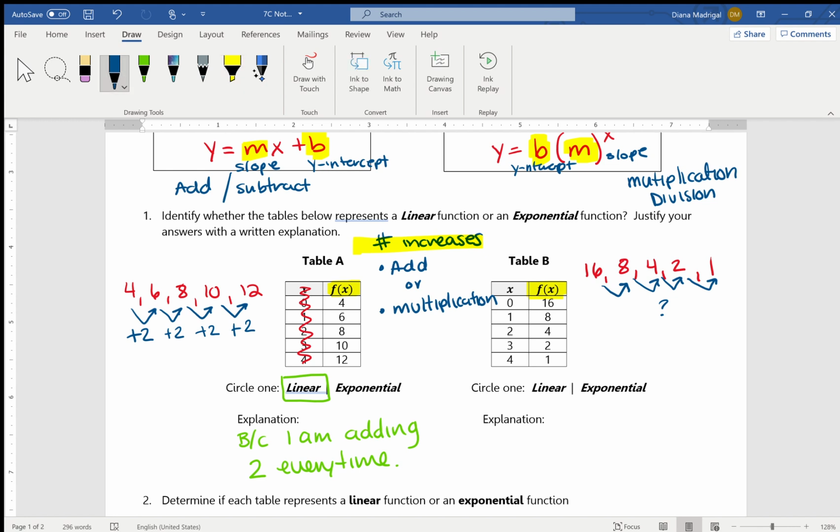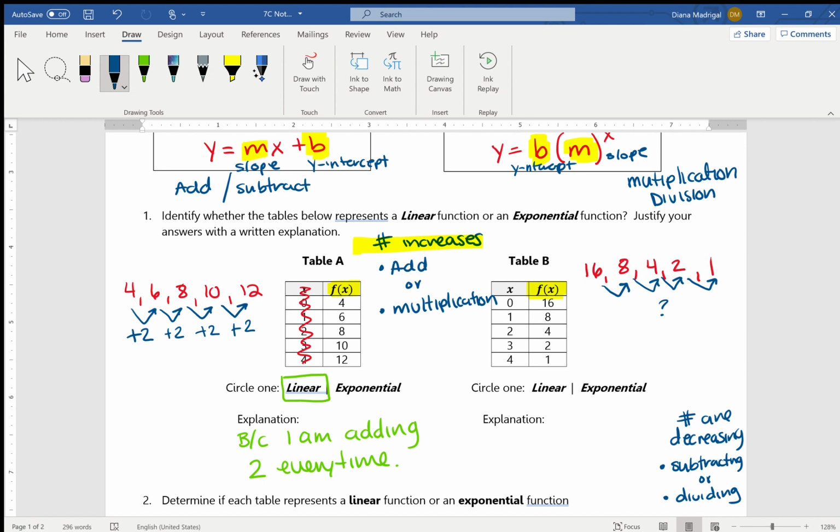But if your numbers are decreasing, which means going down, you are either subtracting or dividing. Well, let's look at this.